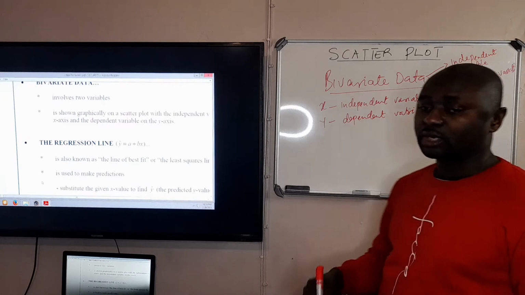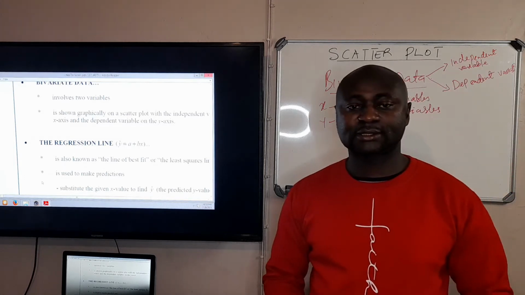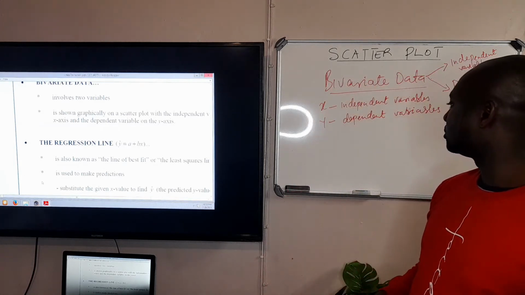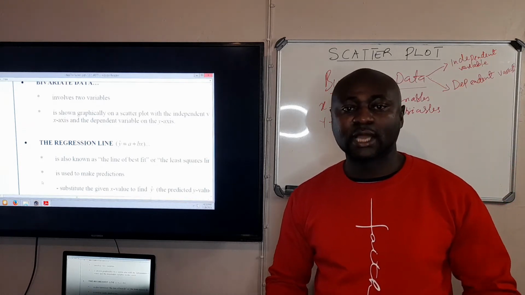For us to get Y, we always have to substitute X in order to get Y. So Y is dependent on X for its outcome.